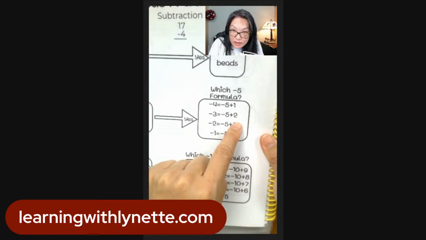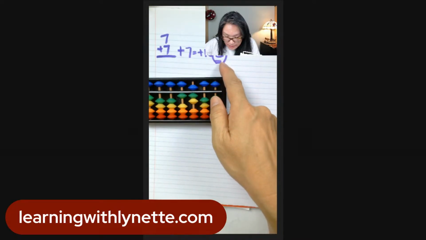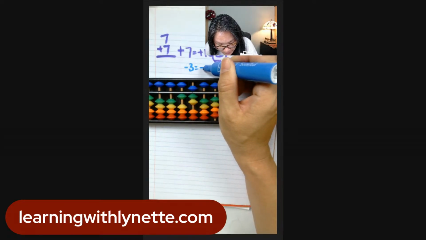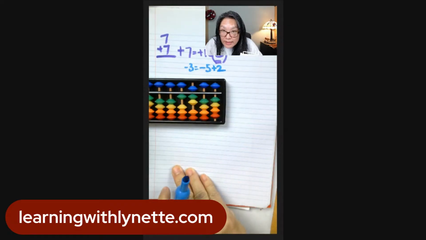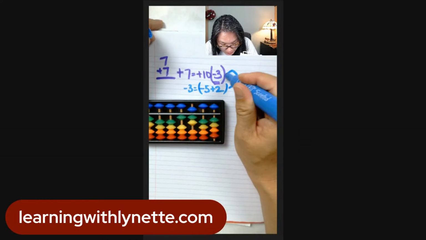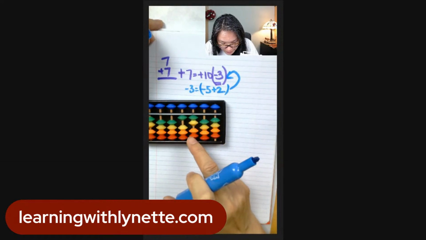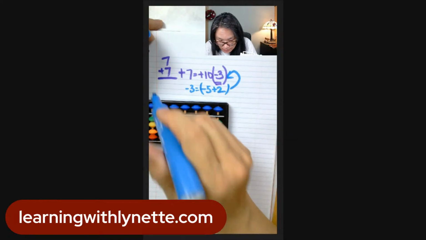Minus the 5 plus the 2. So that's what I'm going to do. I'm going to use this. I'm going to substitute minus 3 is equal to minus the 5 plus the 2. So I take this information and I put it into here. I gave you directions how to minus the 5 plus the 2. So my final answer is 14.